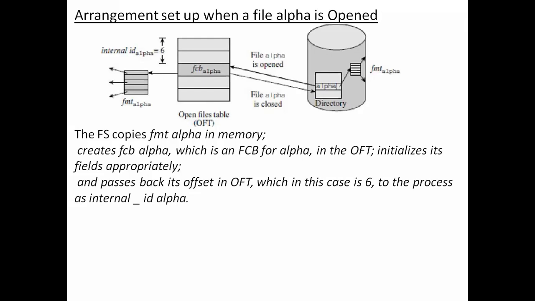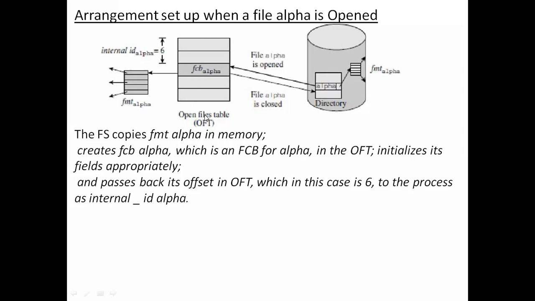So when a file alpha is opened, what all things will happen upon opening the file alpha, as shown here. The first step is that the file system will copy the FMT of alpha into memory. Secondly, it creates FCB alpha, which is the file control block for alpha, in the OFT table, the open file table.